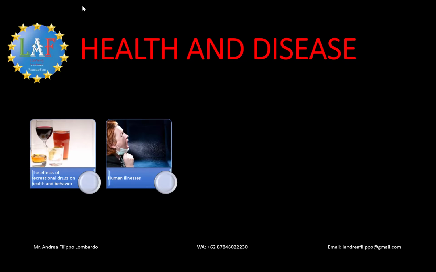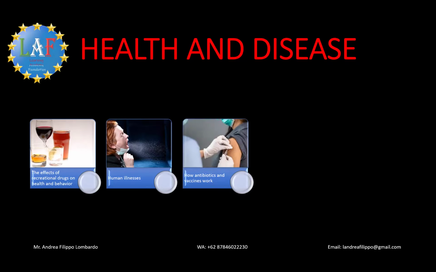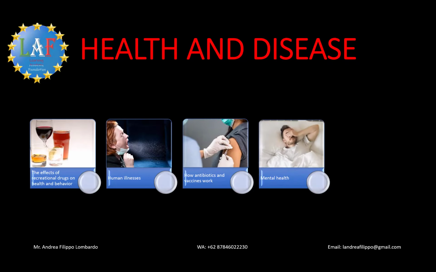In other words, those that can be spread and those that can't. And how vaccines and antibiotics work in different ways to protect against illness. And about the causes and effects of common mental health issues such as stress, anxiety, and depression.